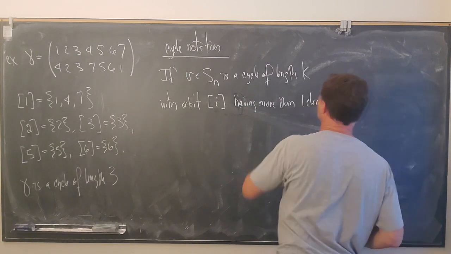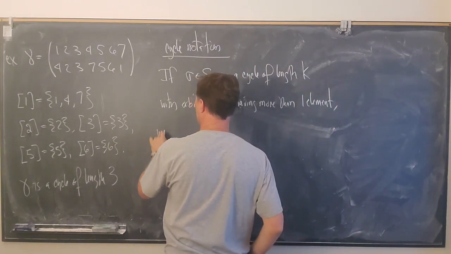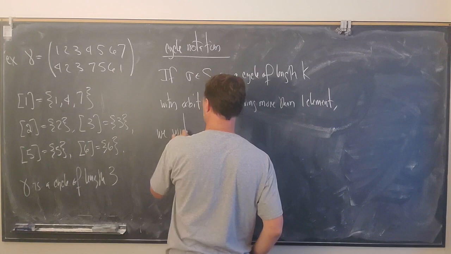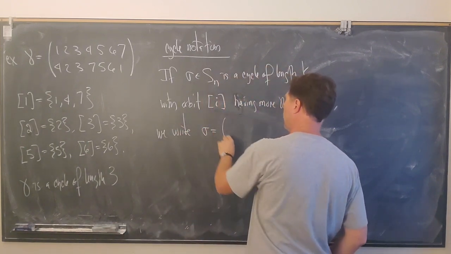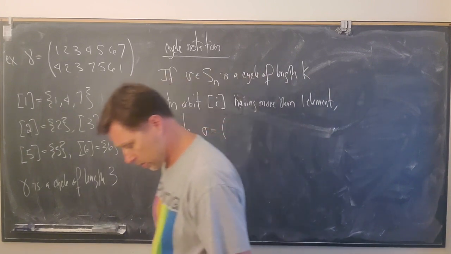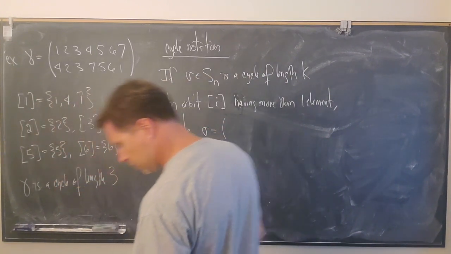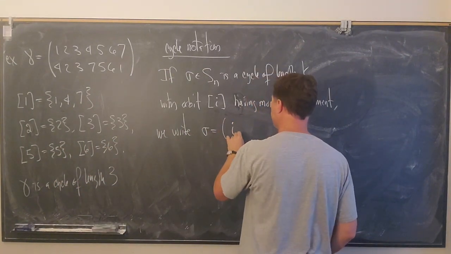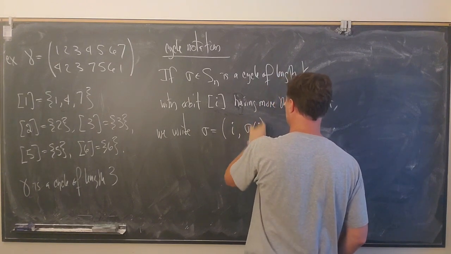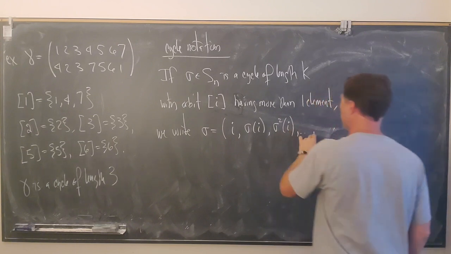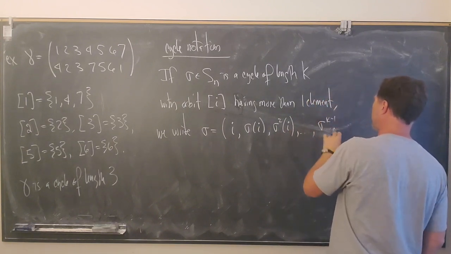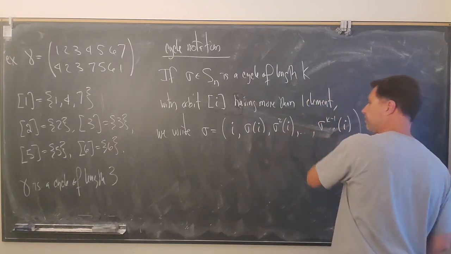Then what we're going to do is write sigma equal to, in your book they put commas in between here, so it'll go like this: i, comma, sigma of i, comma, sigma squared of i, and we go all the way up to sigma to the k minus 1 of i.